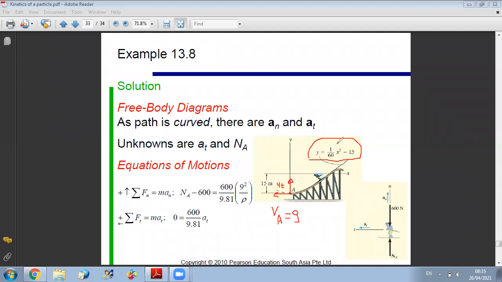So here, the function is easy. If you take the first derivative, dy over dx is 2x over 60, so it's x over 30. Therefore, the second derivative will be 1 over 30, which is positive.